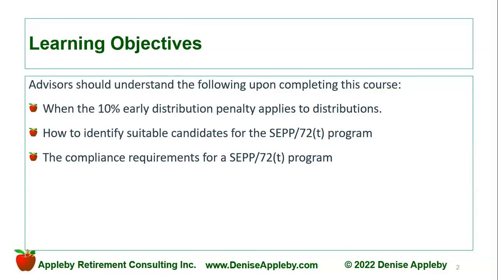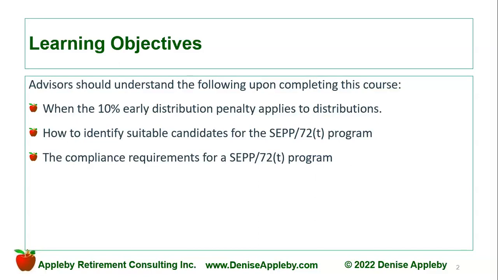The objective here today is to understand and be able to explain to clients, when would a distribution be subject to the 10% early distribution penalty? And let's assume that it has been determined that a client will be subject to the penalty.